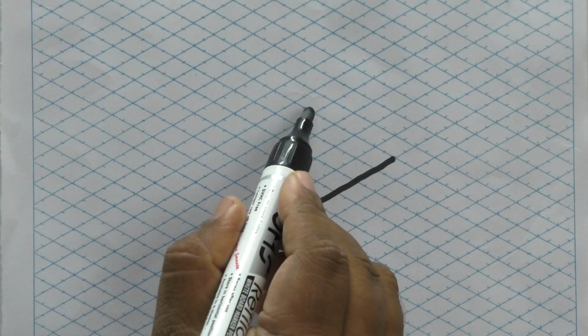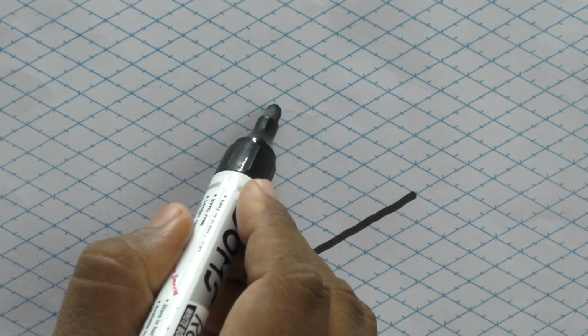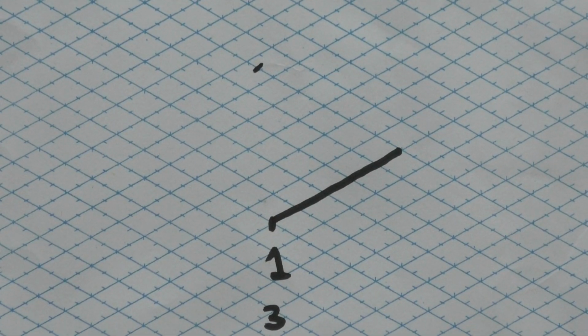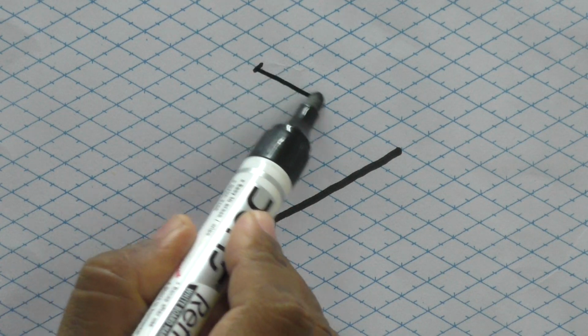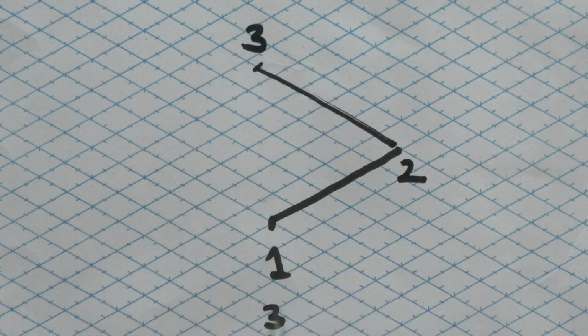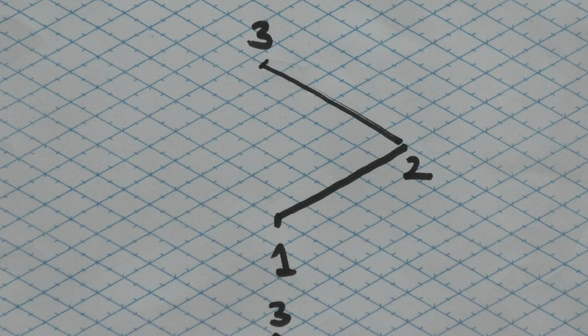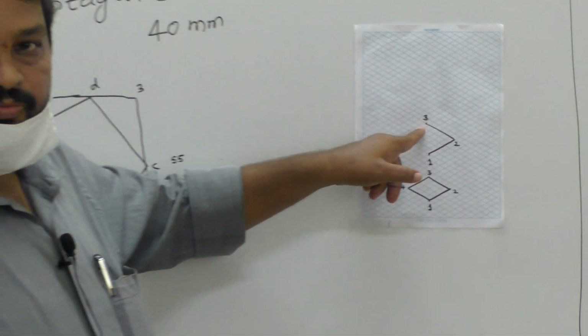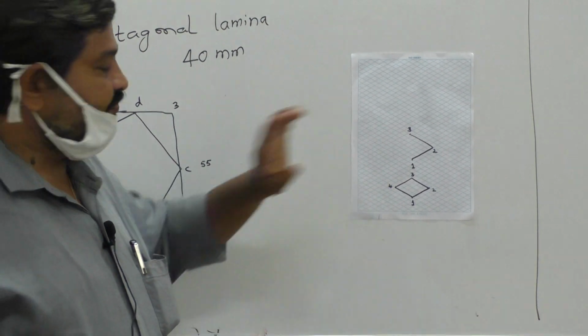So 1, 2, 3, 4, 5, and in between the square box there is a small mark, which measures half of that unit. Now I will join from here to here. So this is my 2 and this is the 3. So 2 to 3 measures 55 millimeters in the actual scale, and in the iso scale it will be taken as 5.5 units.